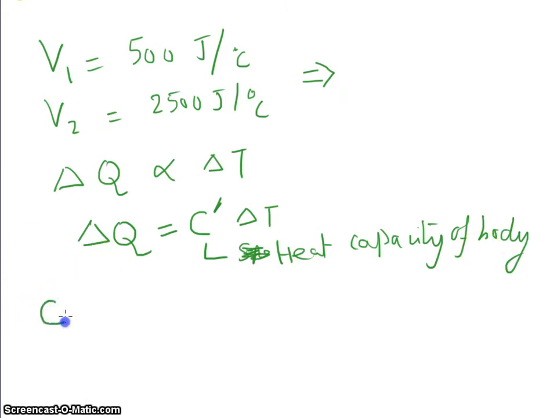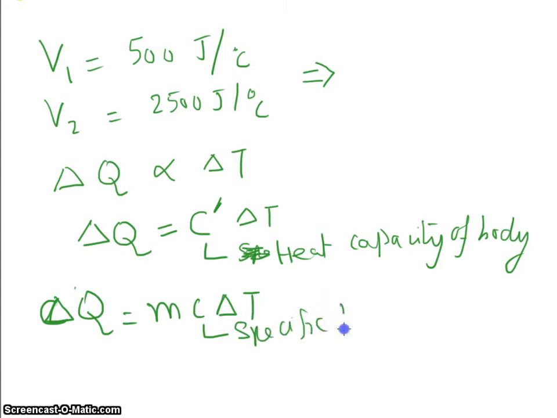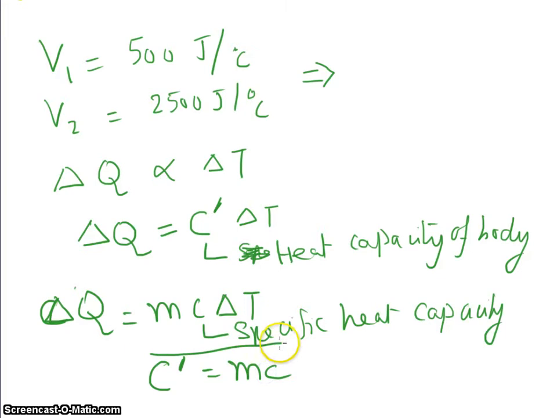Now we know that delta Q is equal to m c delta T, right? This c is the specific heat capacity. So in other words, C dash is equal to m into c, right?